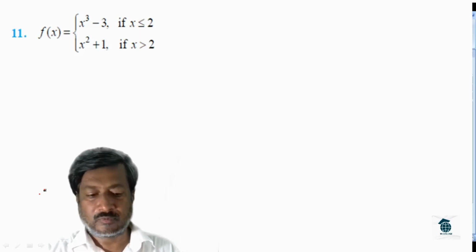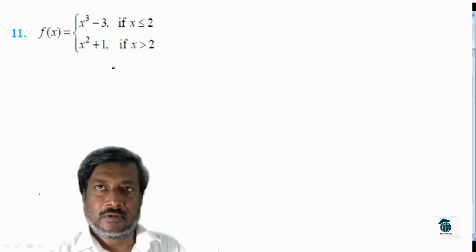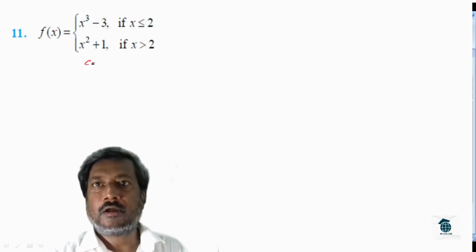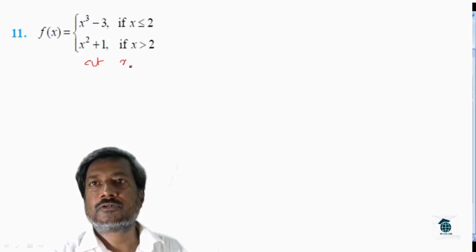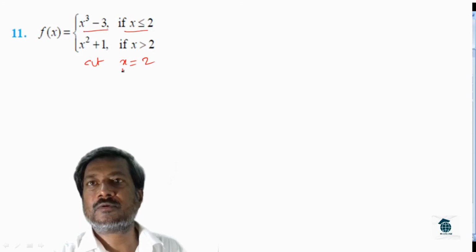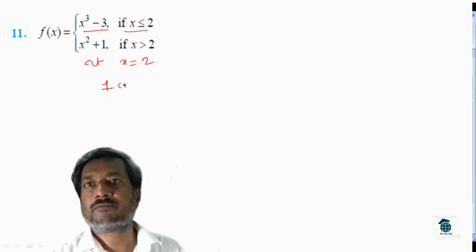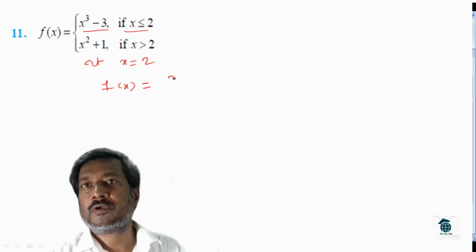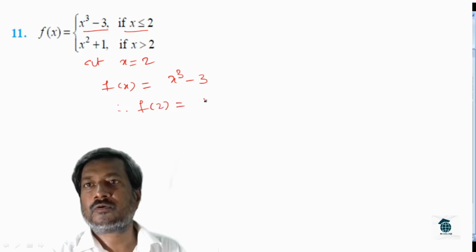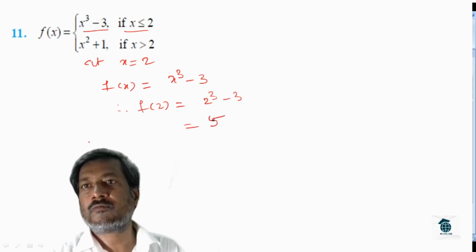A routine problem. At x equal to 2, the function is x cube minus 3. Therefore f(2) equal to 2 cube minus 3. This value is equal to 5.